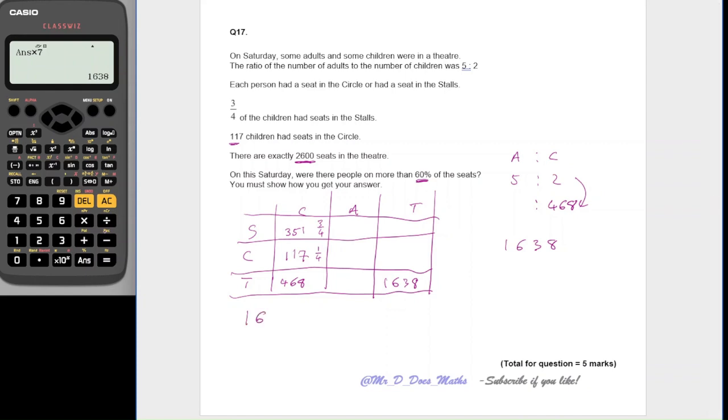So if I do 1,638 divided by 2,600 and then times by 100, that will give us the percentage that are filled. So 63% is filled. So my answer is yes, 63% is full.